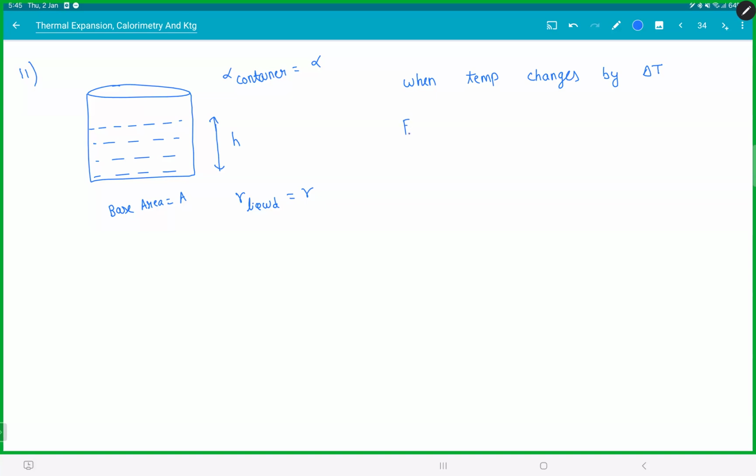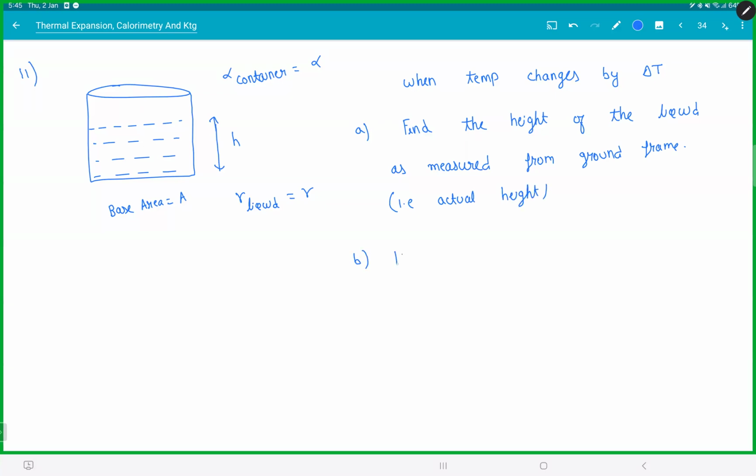Then find the height of the liquid as measured from the ground frame. That is the actual height.